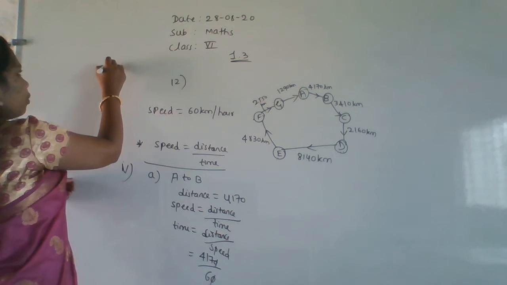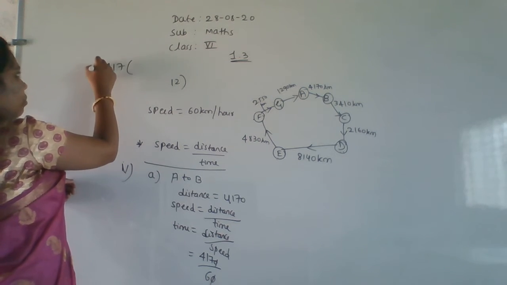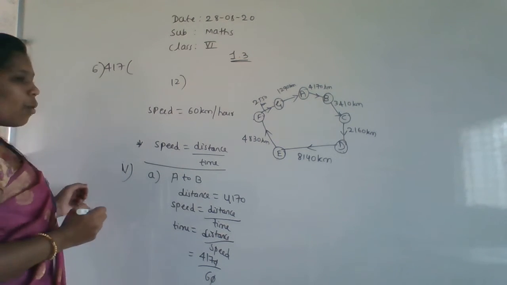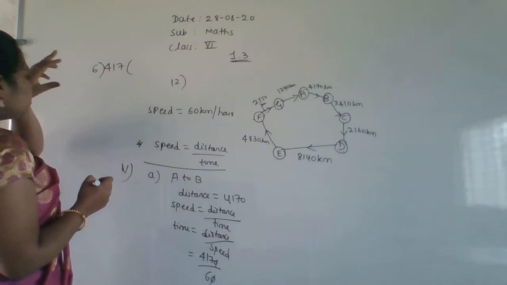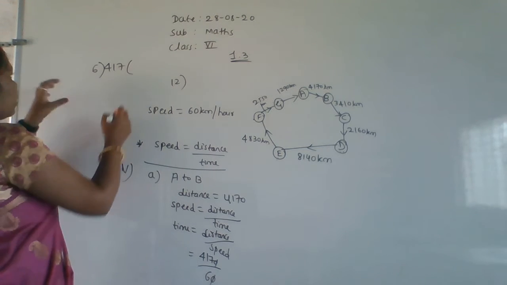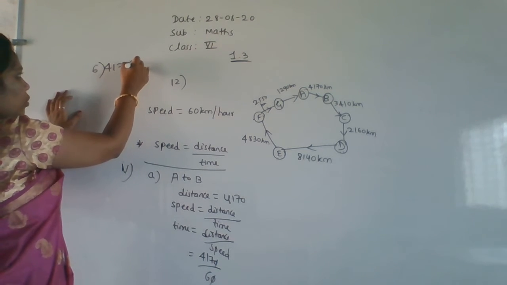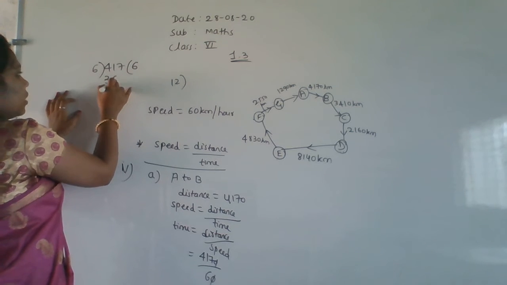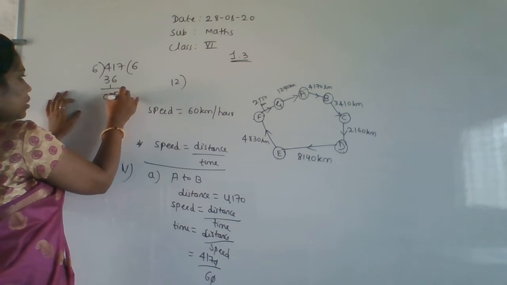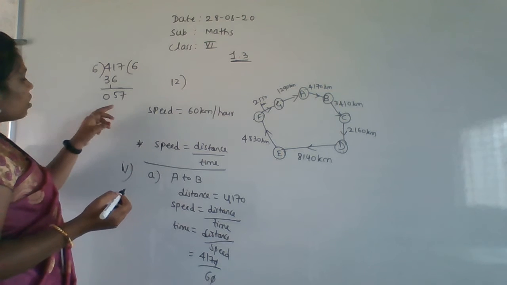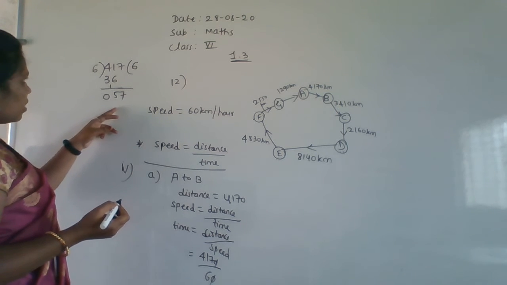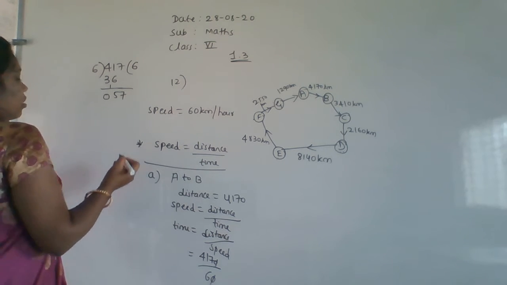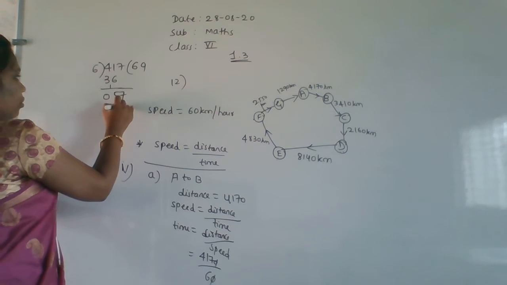Now divide 417 by 6. 6 sixes are 36, 6 sevens are 42. We can't take 7 alone, so take 11 minus 6 is 5, here 0. Next 6 nines are 54.